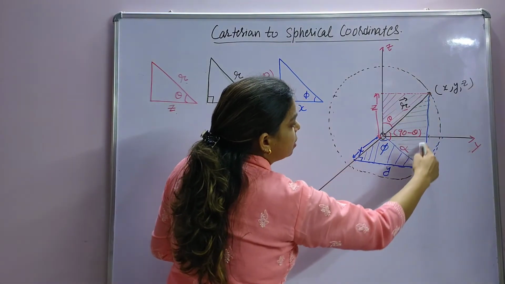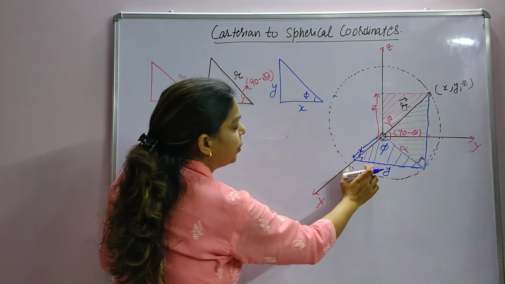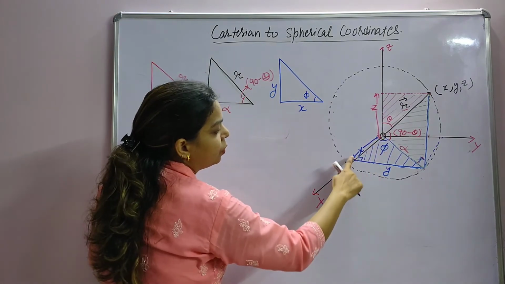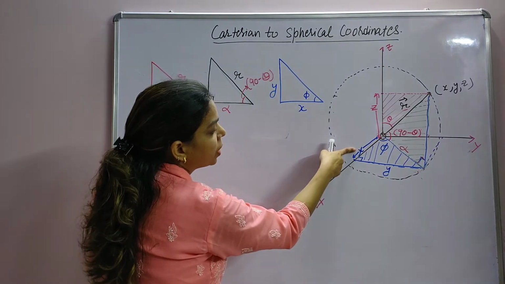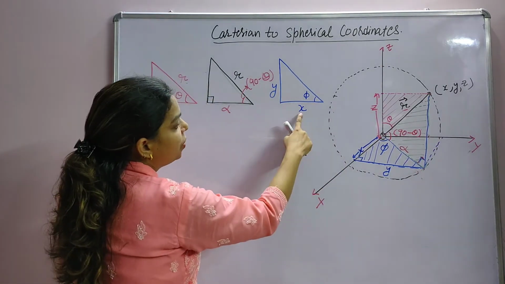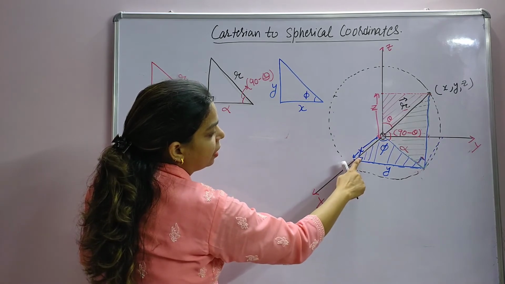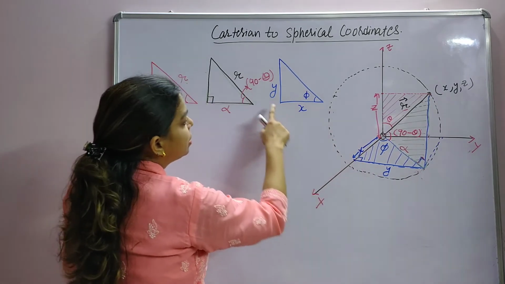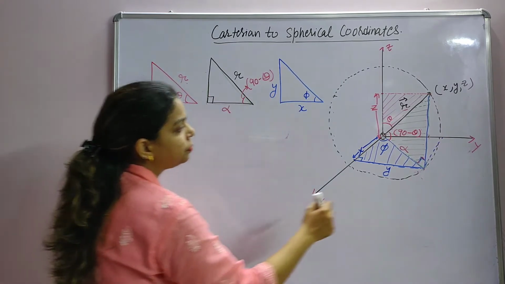In the third triangle, phi is the angle the projection makes with the x-axis. With the x-axis the angle is phi, here is the right angle and the perpendicular is y, and the hypotenuse we have to find.